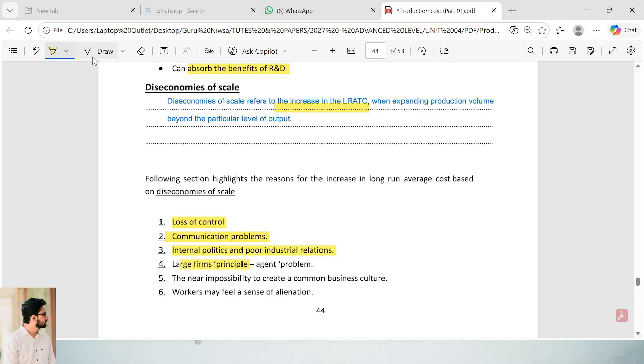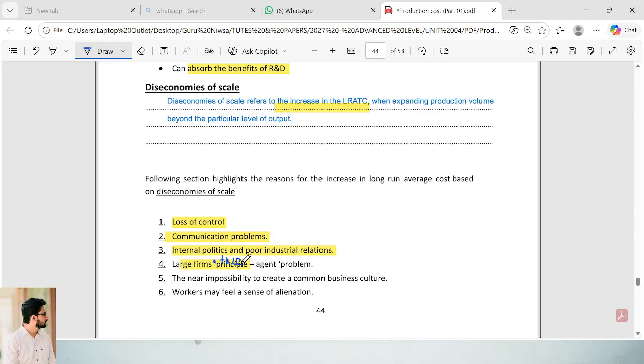Large firms face the principal-agent problem. Within large organizations, remember, management is one group and owners are another group.